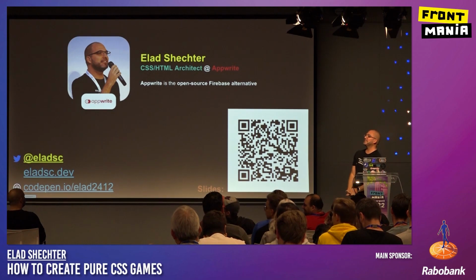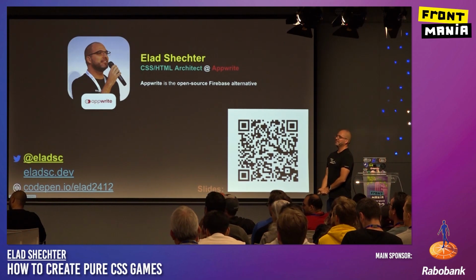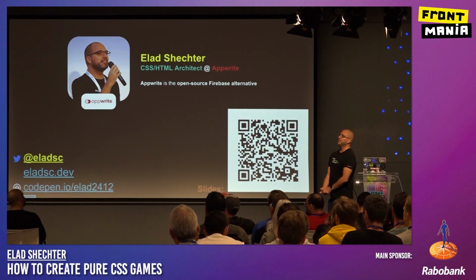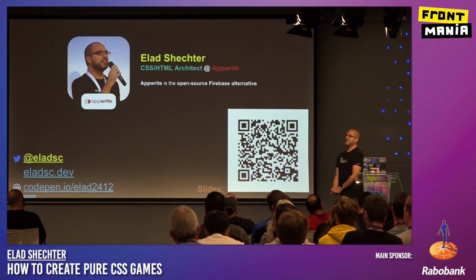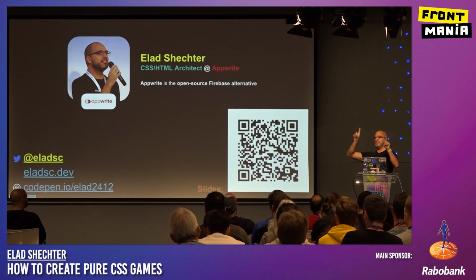More questions? Yes? What's the CSS variable that holds the corona score, is that actually reset by the input reset? It's really how I'm resetting the CSS score of the game.